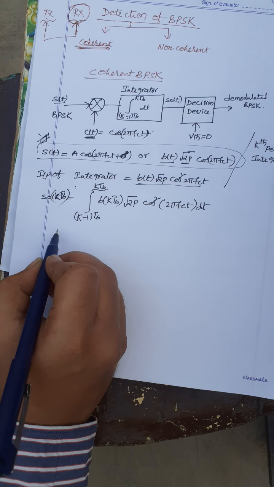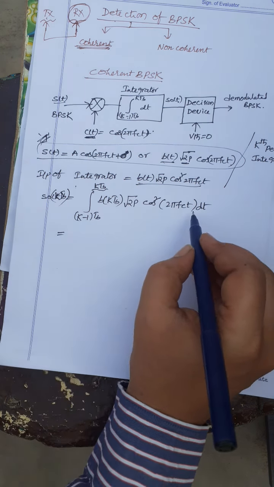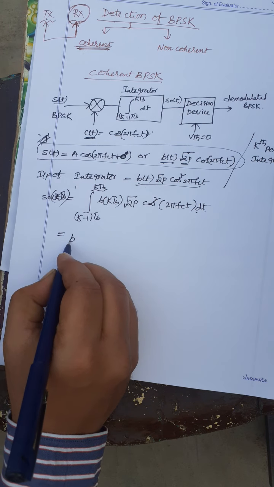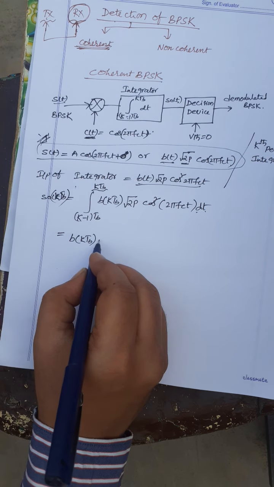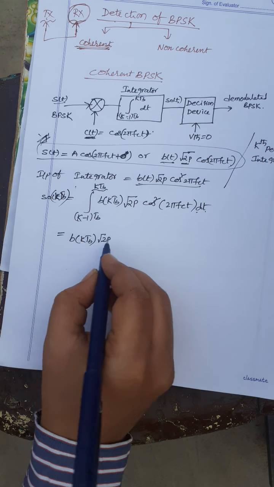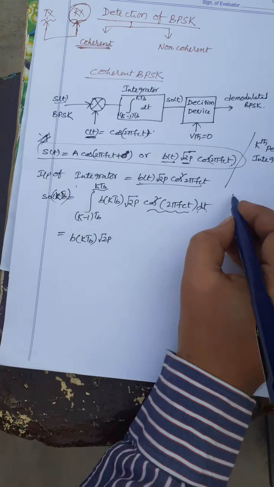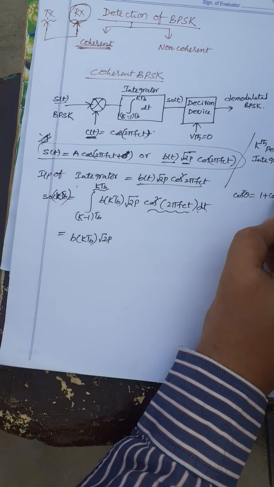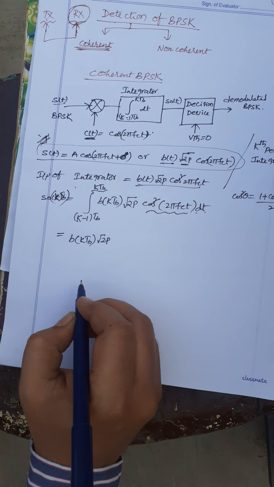Now see here, it is with respect to the time domain dt. So B of KTB is a constant term and root 2p is also a constant term. Now we know the formula of cos square theta: cos square theta is equal to 1 plus cos 2 theta by 2, right?